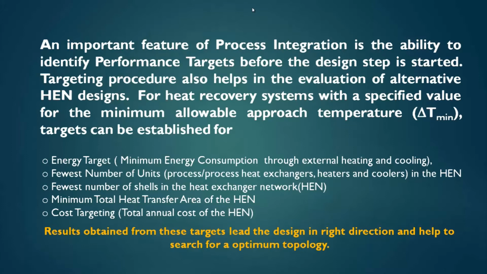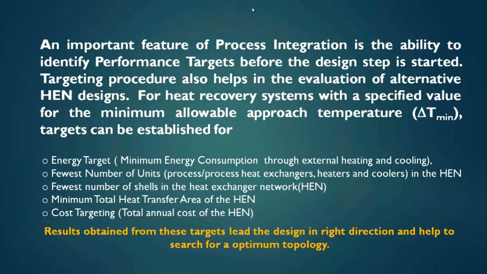In the energy targets, we find out the minimum energy consumption through external heating and cooling for a certain delta T minimum value. And when we change this delta T minimum value, this energy target also changes, because the delta T minimum value affects external heating and external cooling.